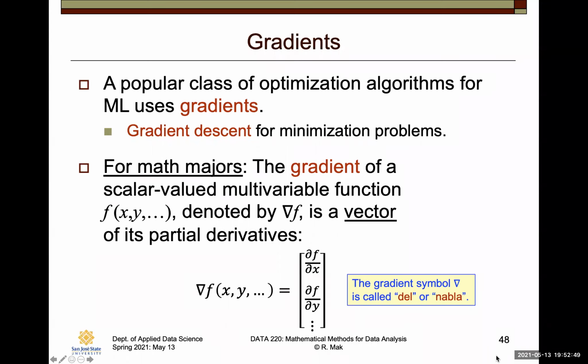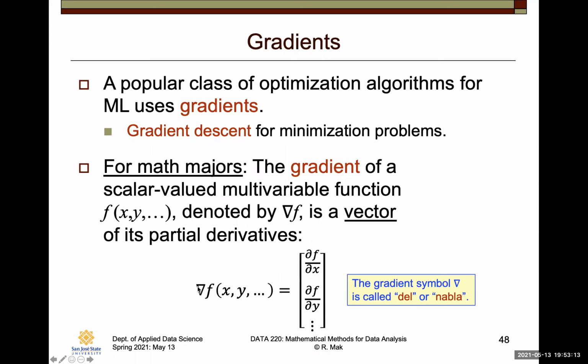Now, for all of you math majors, what is a gradient? Well, if you're a math major, I don't have to tell you what a gradient is. So we have a function that has one or more independent variables. And we use the gradient operator, which is called del or nabla. And del of this function is this vector.